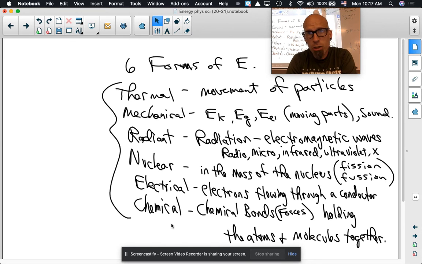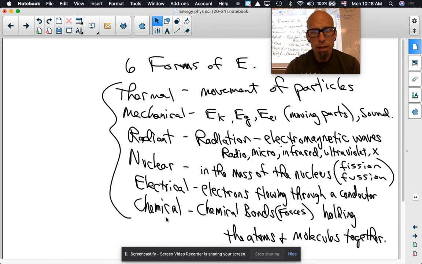I'll just ask you a bunch of questions about energy and the ways we see and experience it. Mostly about mechanical, but also about these 6 forms. I will not ask you what the 6 forms are, I don't believe. I just want to know, do you understand how energy can be found in these different ways.